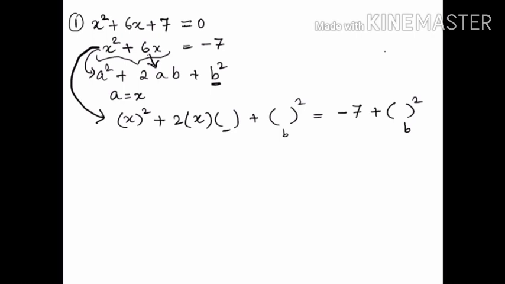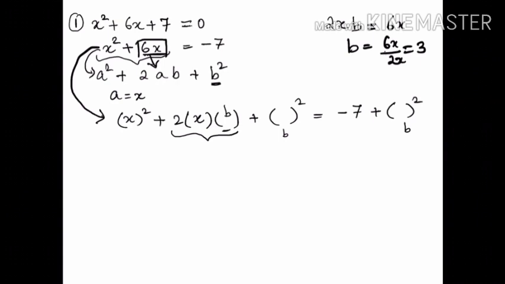Now we need to find out what is b. So comparing the 2ab term with 6x: 2x b, this is the b term for now, equal to 6x. So b is equal to 6x upon 2x, that is equal to 3.